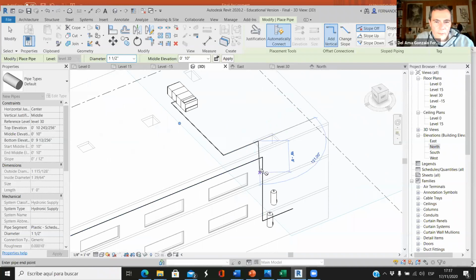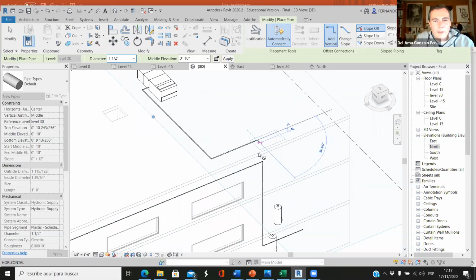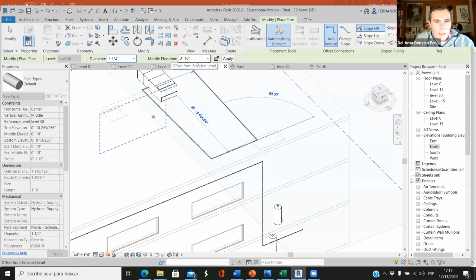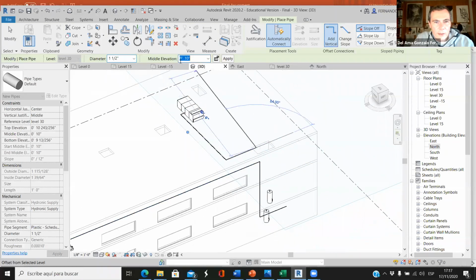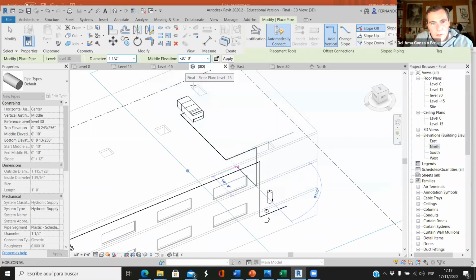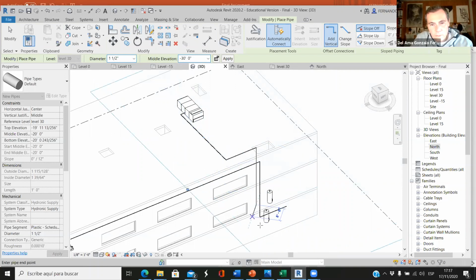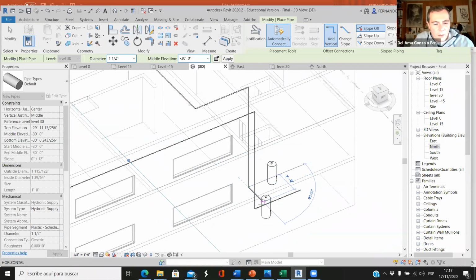Through this shaft, now we have to go down. We can go down just by changing the elevation. So we can click here, -20. No, it's not enough. Let's say -30. Are we on the basement?